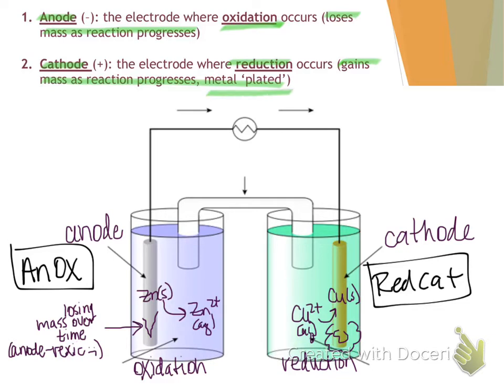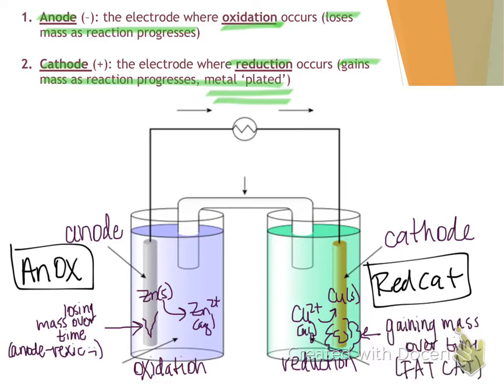So we are plating copper metal onto the cathode in the reduction chamber here. So we have yet another saying to help us remember that our cathode is gaining mass over time. And that saying is fat cat. So gaining mass over time, we have our fat cathode.